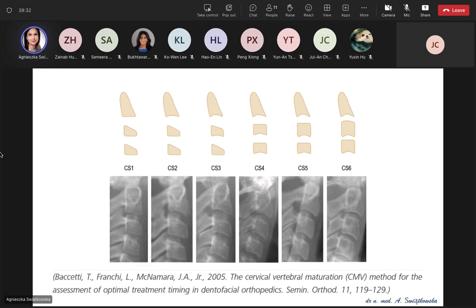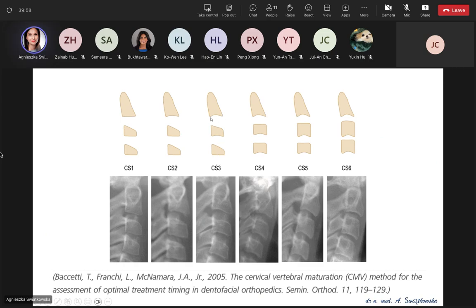To estimate skeletal patient age, we should look at the shape of vertebra. I hope that you remember our first semester cervical maturation stages from 1 to 6, and the best situation is if we start the treatment at this stage 3.